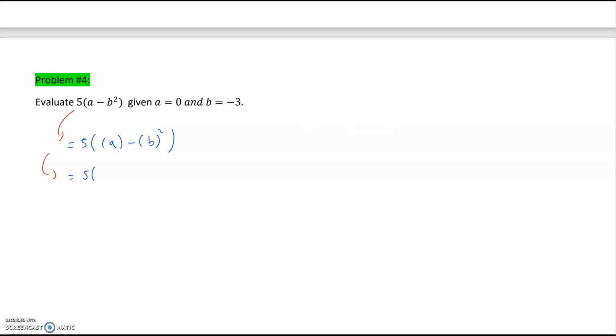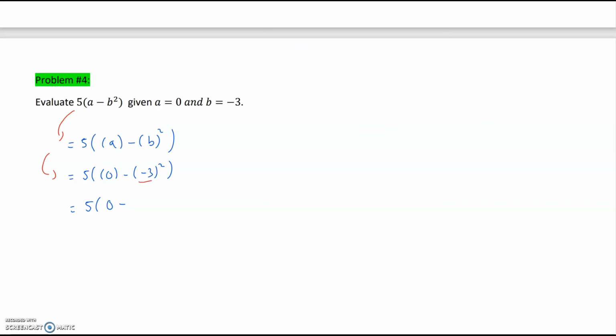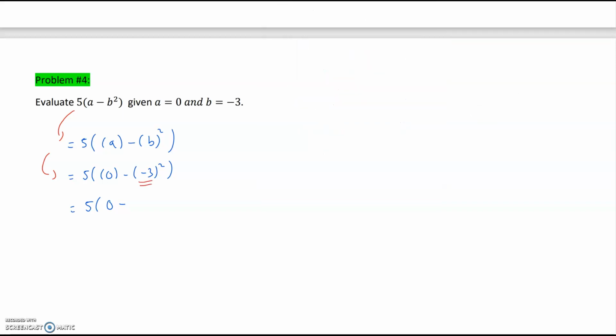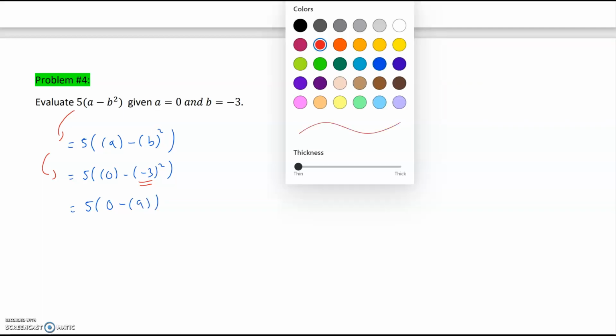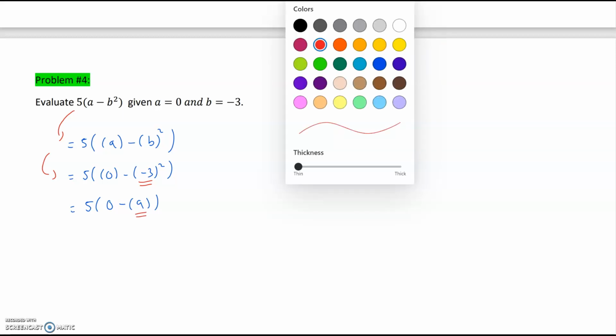So 5, and a is 0, so 0 minus (-3) and then squared, or 5 times (0 minus (-3) squared). If we exponentiate the -3 to the second, that's going to give us a +9. I'm just going to put it with the parentheses there to emphasize that we're doing the exponent first.